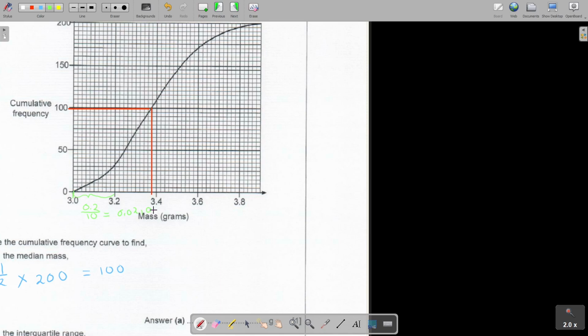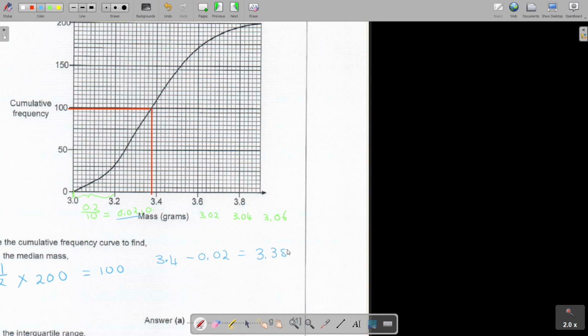If it's there, the first one will be 3.02. The next block will be 3.04. The next one will be 3.06. That made it very difficult. So it's one away. You can say here it was 3.4 minus that one block, 0.02, and I got 3.38.